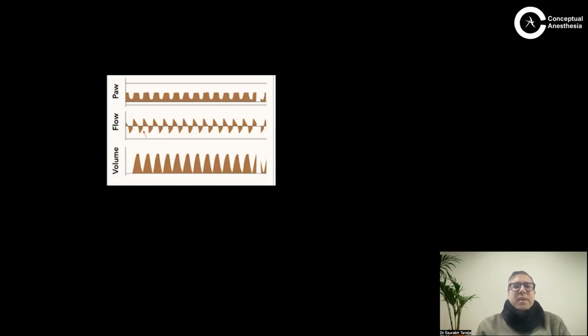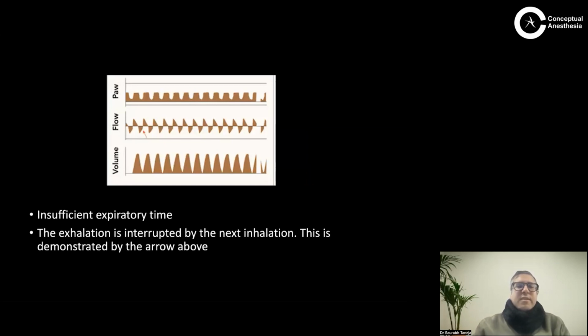So ideally, the expiratory waveform should be touching the baseline. If it is not touching the baseline and the next breath is initiated, there is insufficient expiratory time. The exhalation is interrupted by the next inhalation, and this is demonstrated by the arrow above. And this is what is responsible for auto-PEEP or dynamic hyperinflation and has its own hemodynamic side effects.